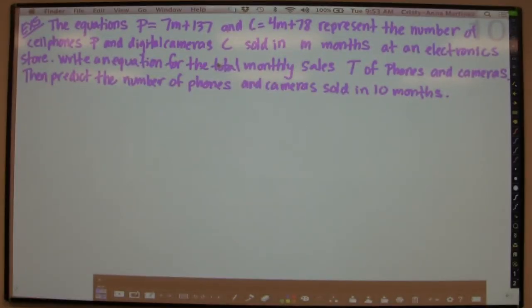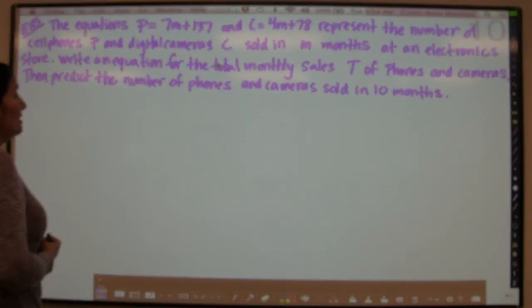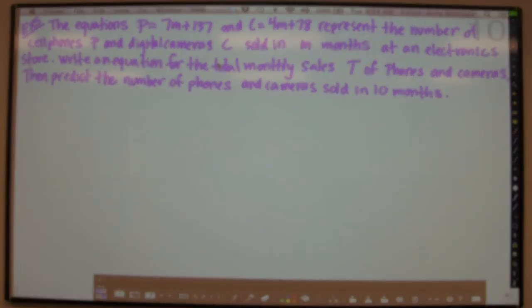And here it is. The equations p equals 7m plus 137 and c equals 4m plus 78 represent the number of cell phones, p, so p represents cell phones, and digital cameras, c, so the variable c represents digital cameras, that are sold in m months at an electronics store.